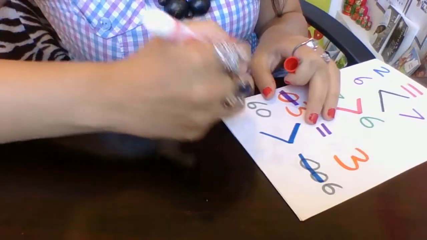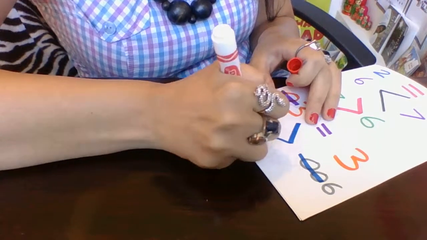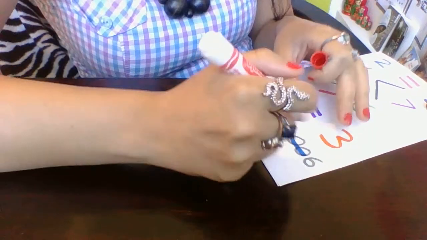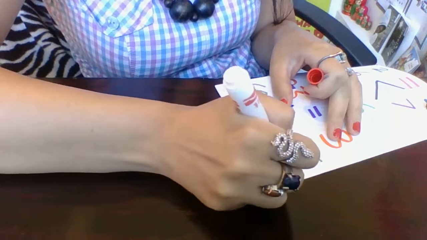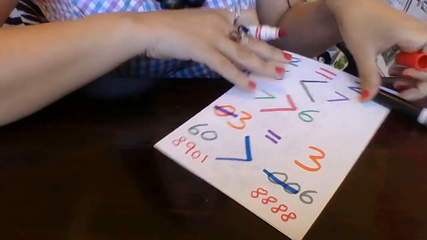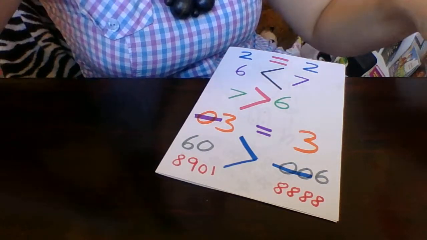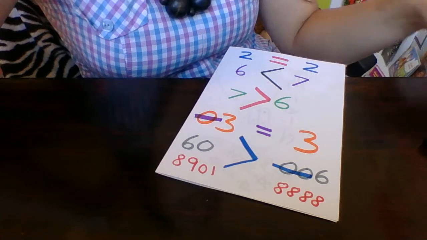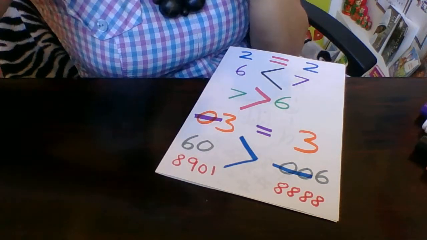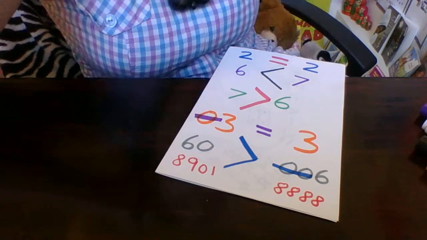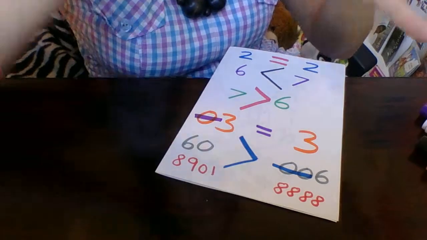If I have the number 8901, and over on this side I have 8888, which one is smaller than the other? Again, it doesn't really matter what the question is, because the alligator's mouth is always going to be opened up nice and wide, pointing to the bigger number.